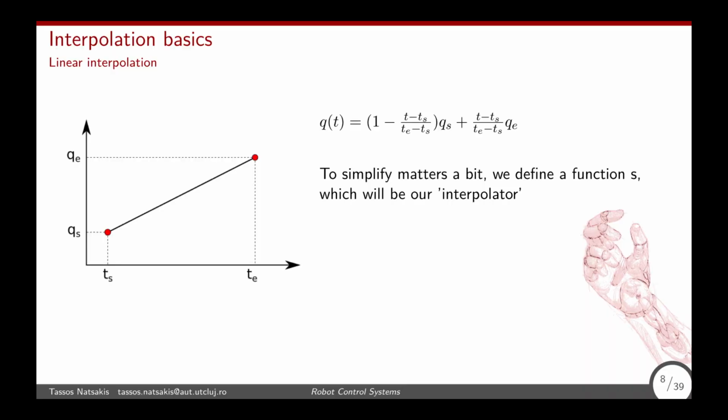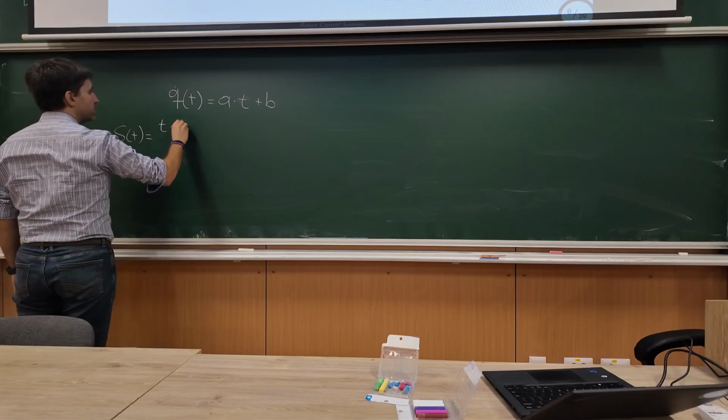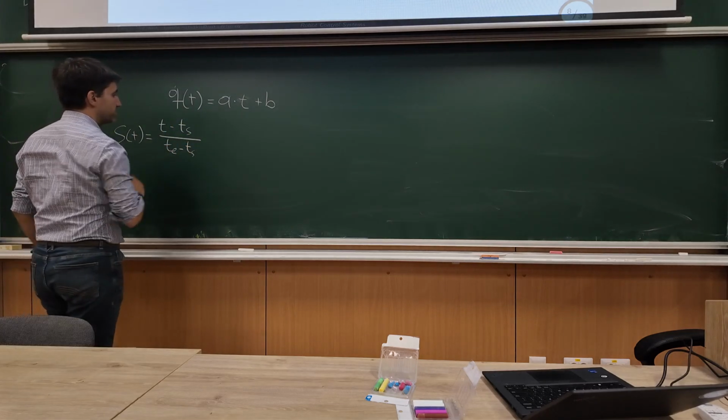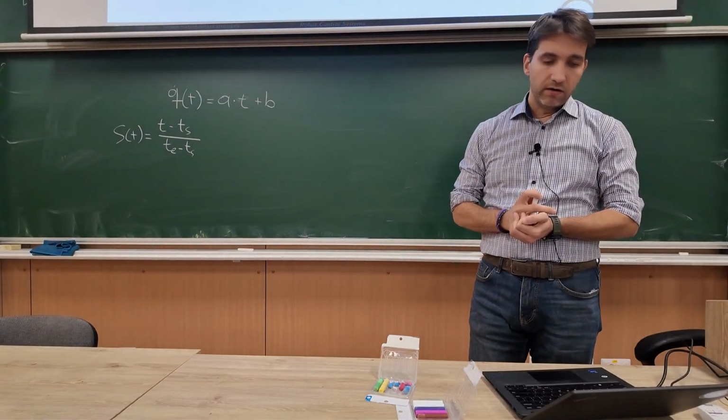To make things a little bit simpler, we will define a new function called S, which will be our interpolator, and S will be the part that repeats there. I'll write it here, since we'll need it in a second. S of T will be T minus T_S over T_E minus T_S.